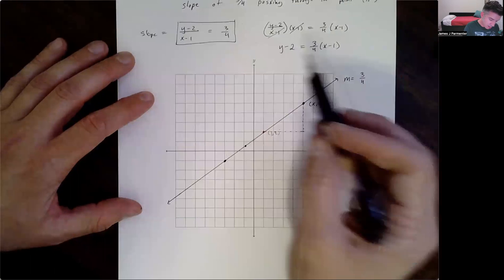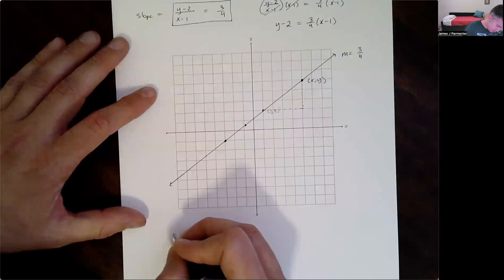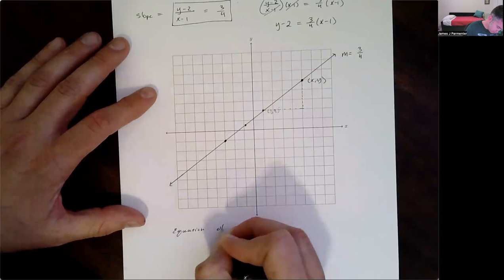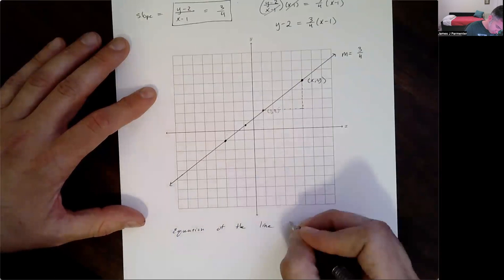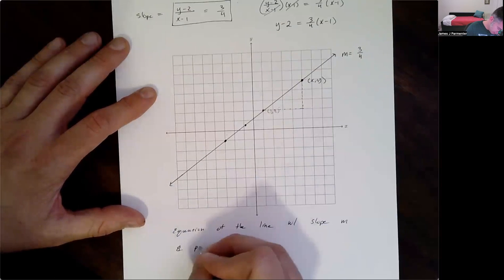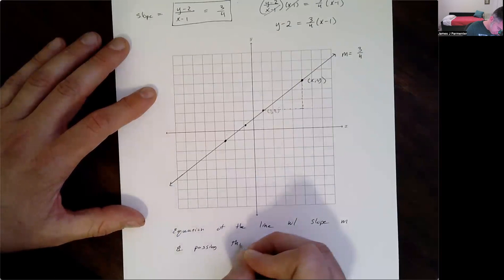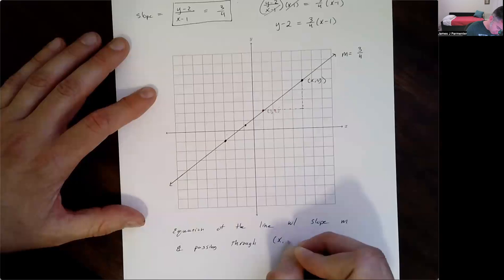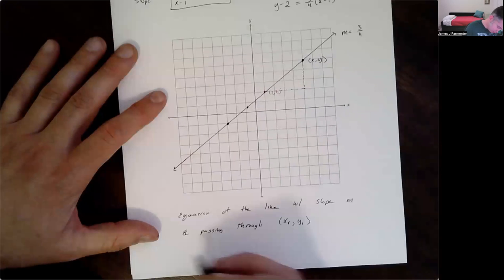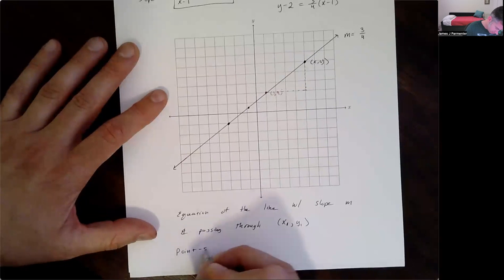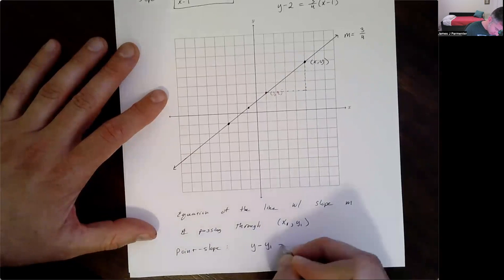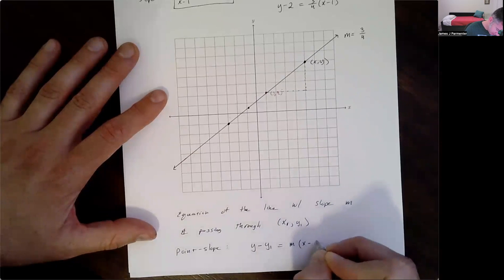In general, if you want to find the equation of the line with slope m and passing through the point (x1, y1), then the point slope form is going to be exactly y minus the y coordinate equal to m times (x minus the x coordinate).